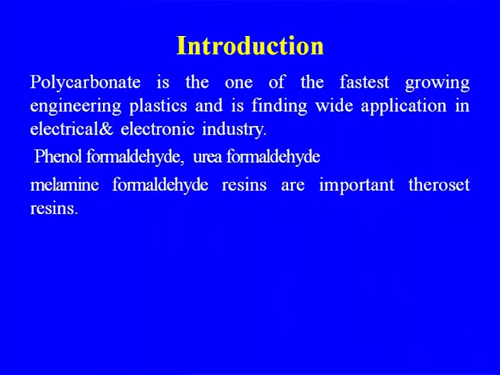Polycarbonate, another important thermoplastic, is one of the fastest growing engineering plastics and is finding wide application in the electrical and electronic industry, and in optical grade, the optical glasses that we are making from this. Phenol formaldehyde, urea formaldehyde, melamine formaldehyde are the important thermoset resins.